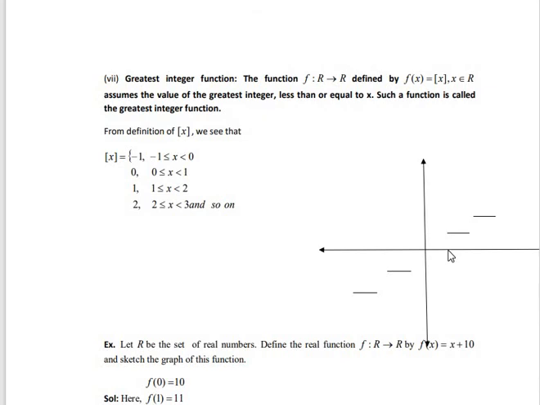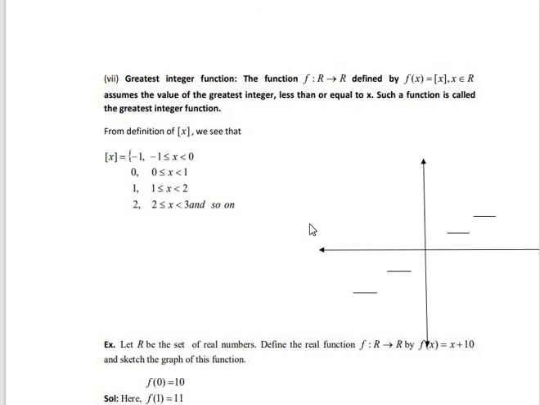So this distance is 1, and for this whole interval from 1 to 2, the value of y, or box x, is 1. Are you clear with my point? So this is the greatest integer function. Here the definition as well as the graph is important for your exam.